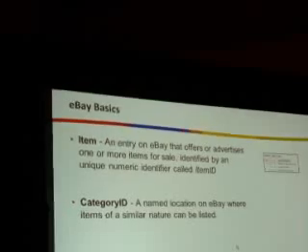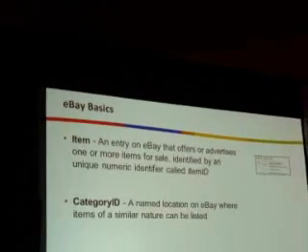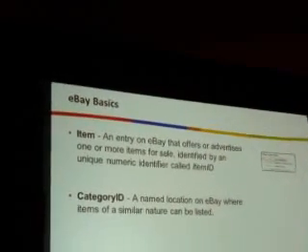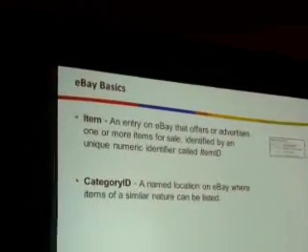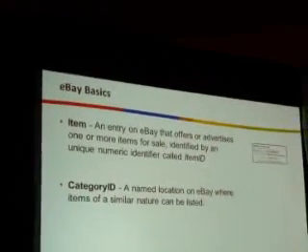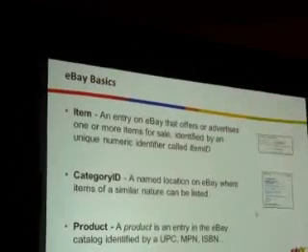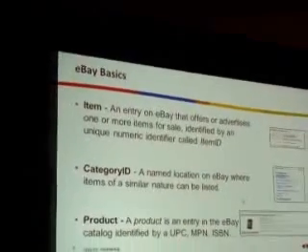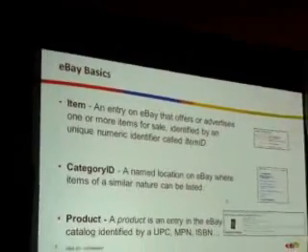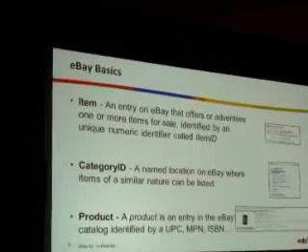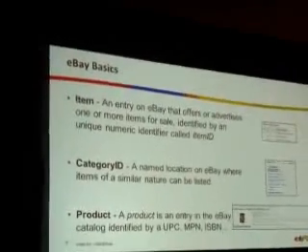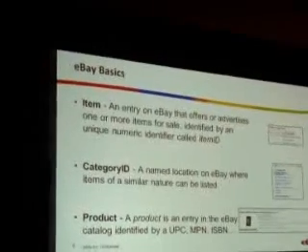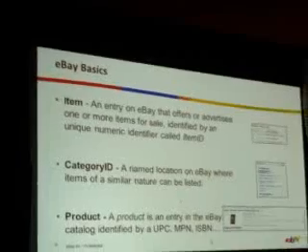A category. eBay items are bunched into buckets called categories, so items of a similar nature can be found easily. A category again is identified by a numeric ID. And finally, a product. A product is something that exists on the eBay catalog, typically identified by a product identifier such as a UPC, MPN, or an ISBN.